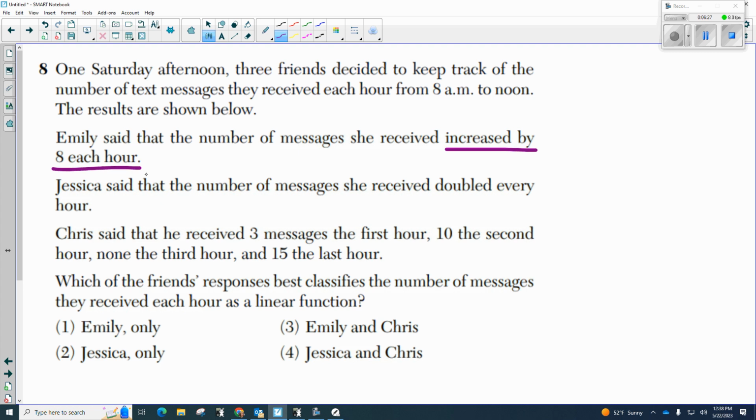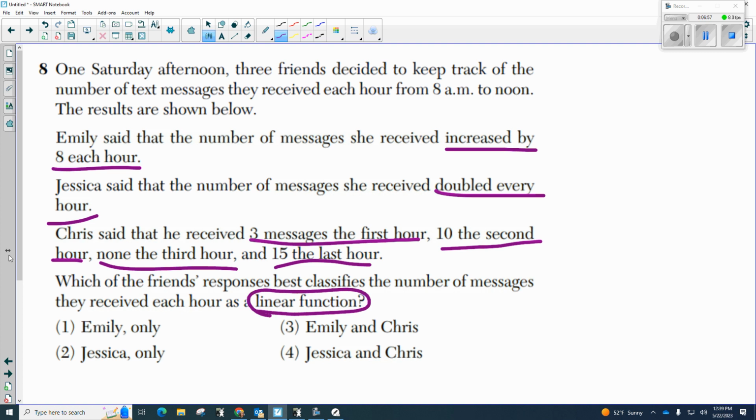Jessica said that the number of messages she received doubled every hour. Chris said that he received 3 messages in the first hour, 10 the second hour, none the third hour, and 15 the last hour. Which of the friends' responses best classifies the number of messages they received each hour as a linear function?